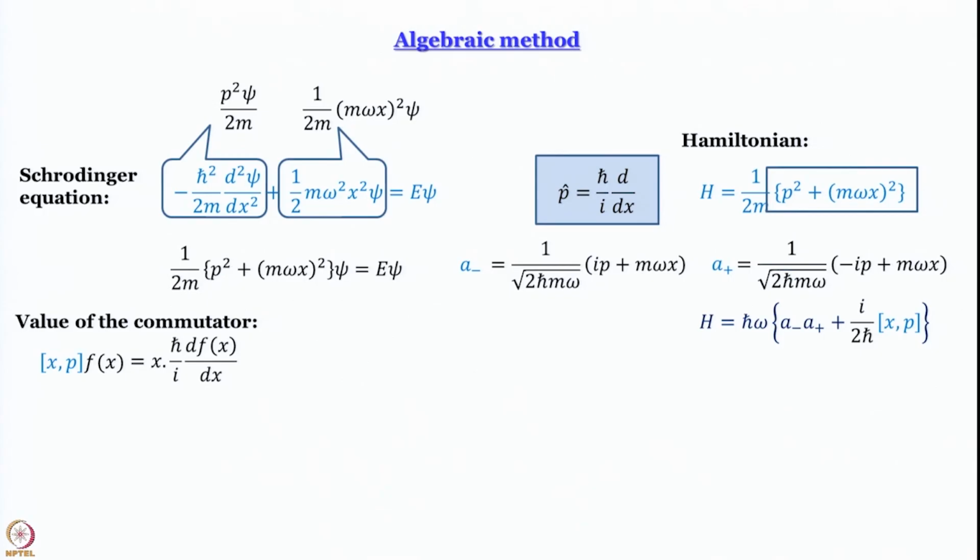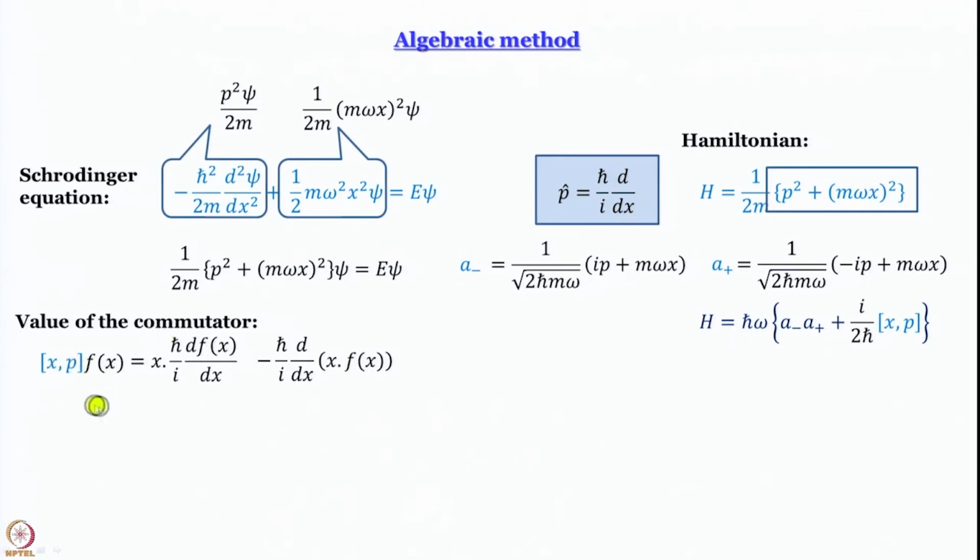What happens in the second term? It is opposite, right, it is minus px. So, it will be something like this: minus ħ/i d/dx operating on the product of x and f(x). I hope this is clear to everybody.